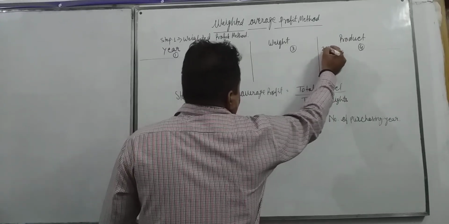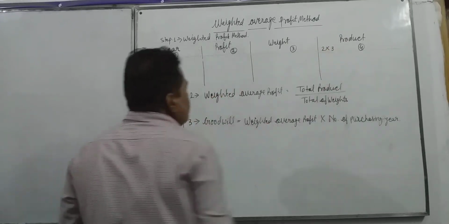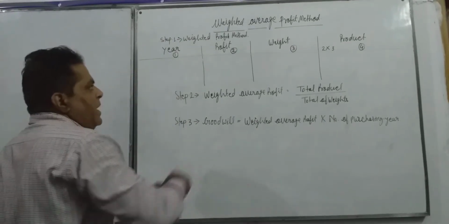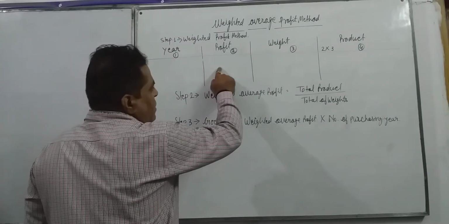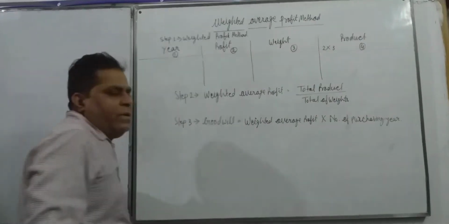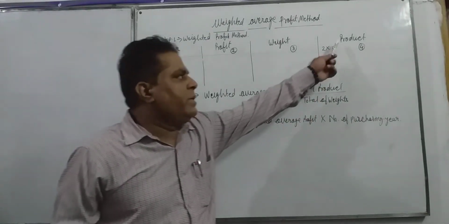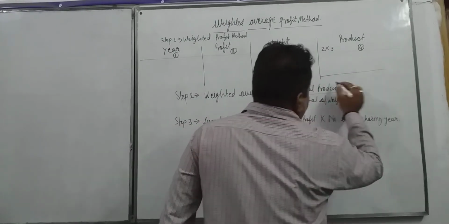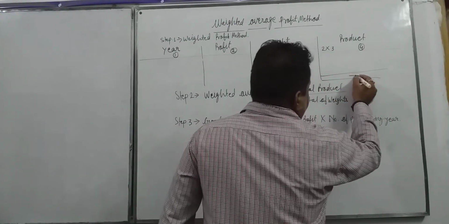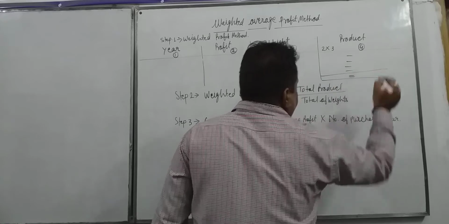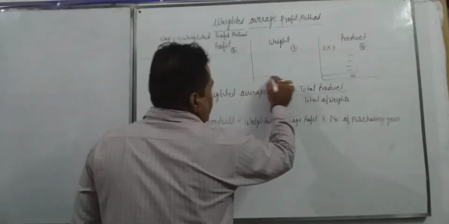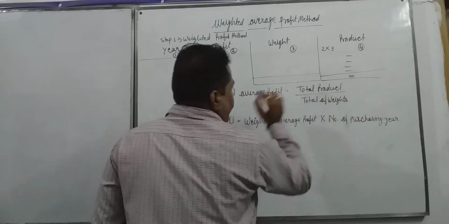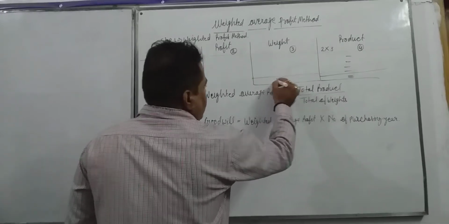2 into 3 means you have to multiply profit by weight to determine product. After that you will find all the amounts of product and find the sum of all these items. In the same way you have to find out weight also, and after that find the sum of the weight.